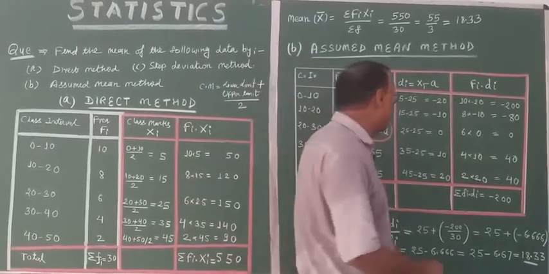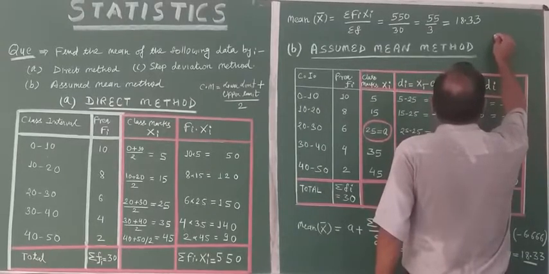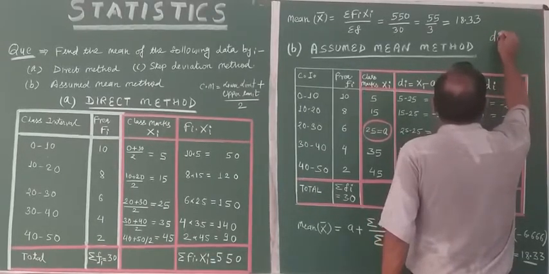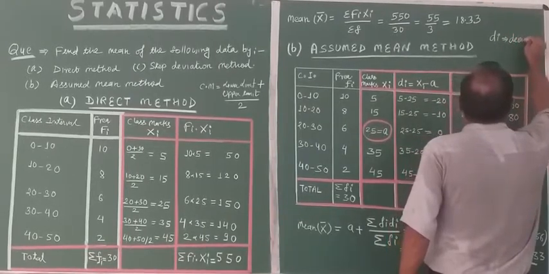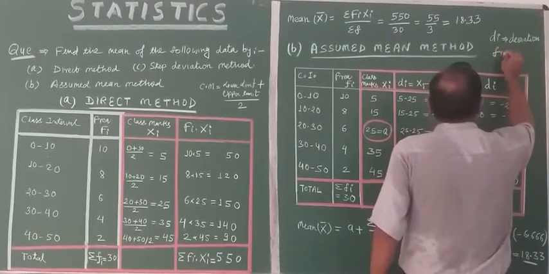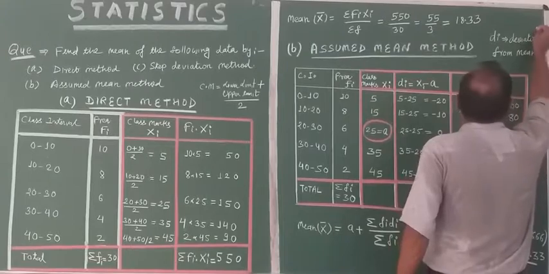This is di, xi minus a. This di is called the deviation from mean. What is this di?